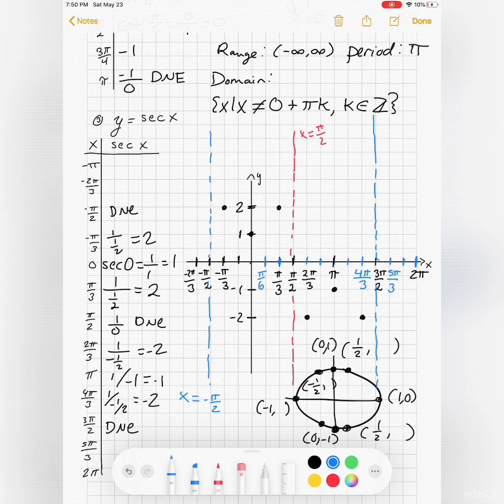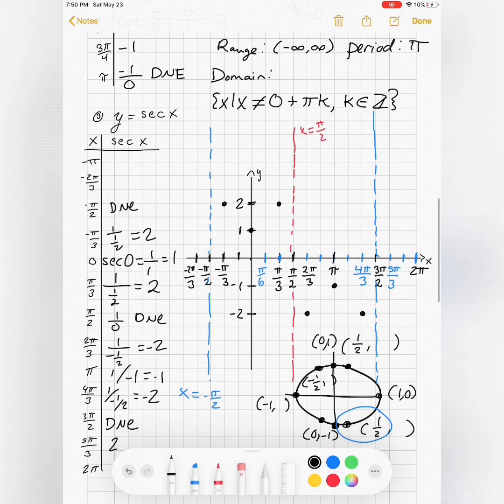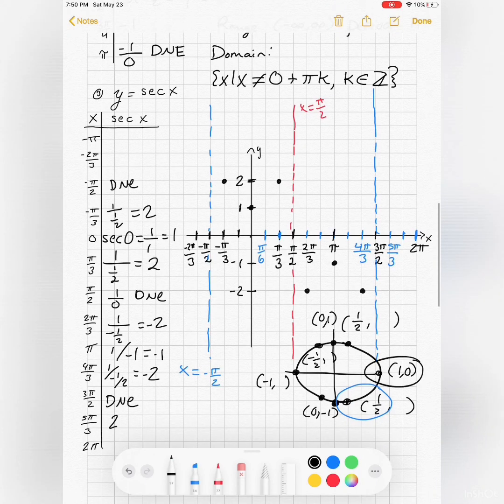Okay, let's do one more. So 5 pi/3. 5 pi/3 puts me back here. So this is going to be 2. 2 pi is going to be 1. So let's see, I'd have 5 pi/3, 2. 2 pi, 1. Do you see?